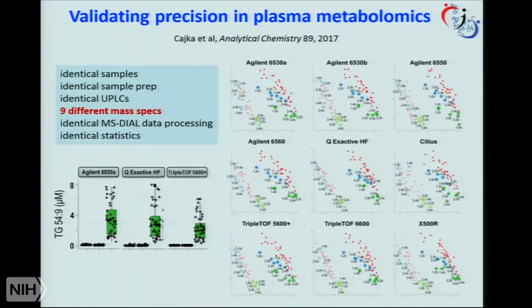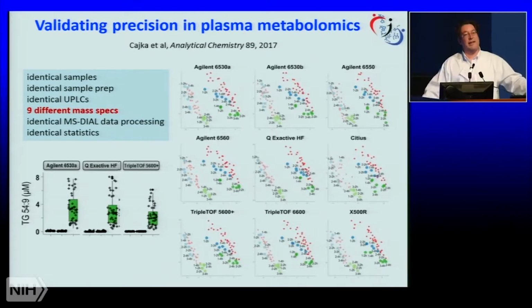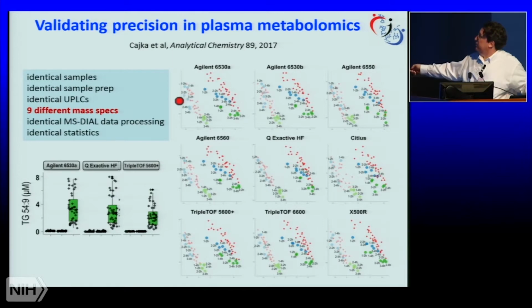We used here the same 155 human plasma samples, and first published the biology, and then we published method validations on top of them. We repeated the same analysis 9 times with 9 different mass spectrometers from different vendors. And what you can see here on the right is principal components analyses of these treatments.